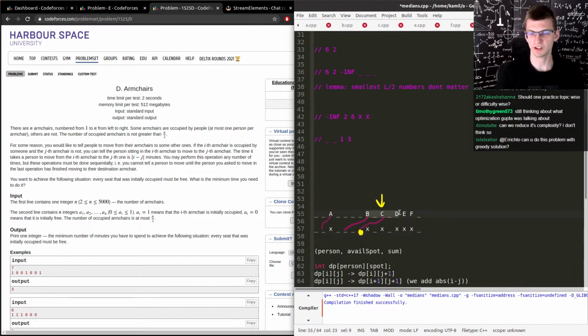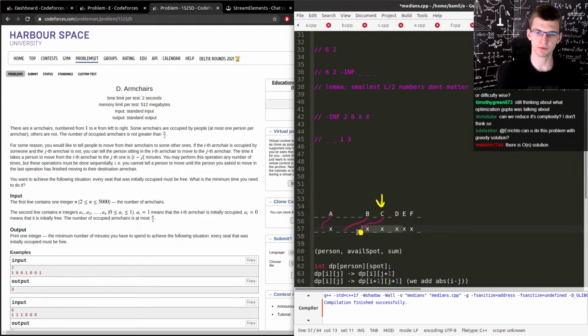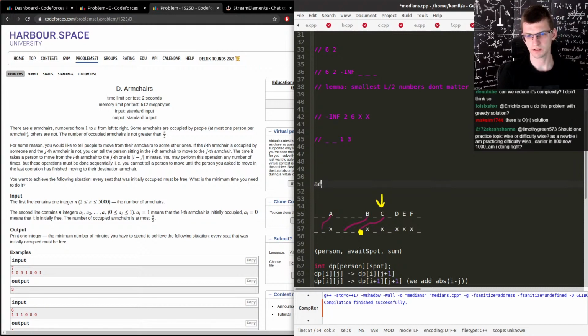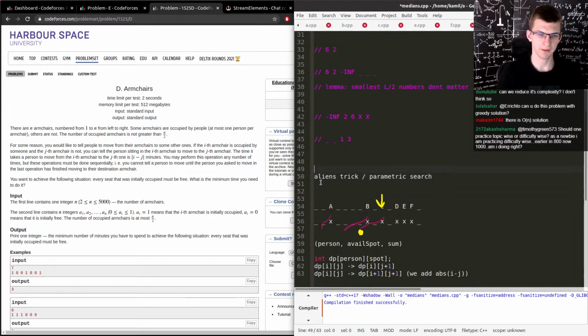For every such interval, we can, I'm sure, easily find where they should be, but it's not easy to say that there will be such an interval of people. Maybe we can do it faster with parametric search or Aliens trick. Maybe, I don't know.